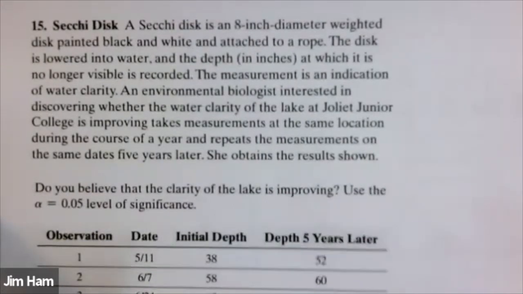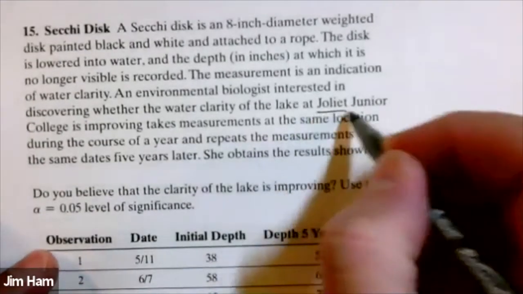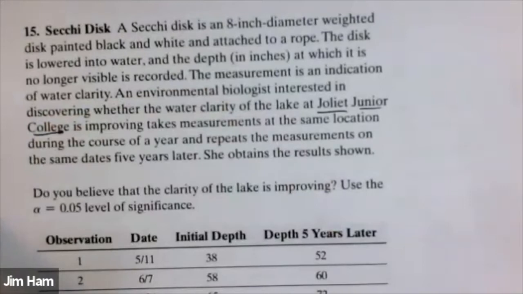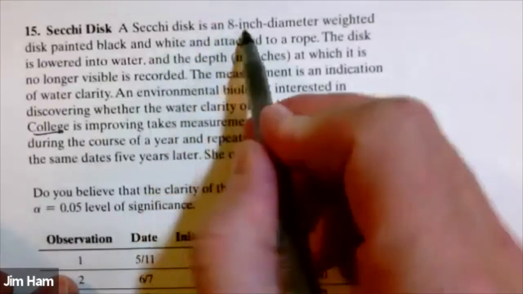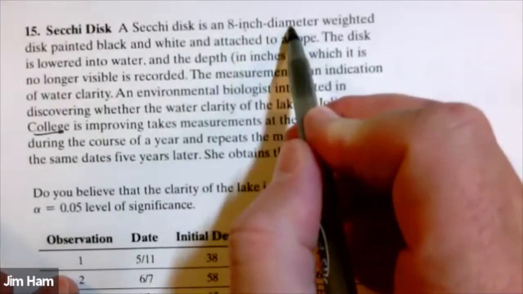So there was this lake at a community college near Detroit, near Chicago, Joliet Junior College Lake. And apparently they were treating the water because they wanted to clear it up a little bit. And so the way that they determined if their treatment improved the situation, or maybe it was just the environment that improved the situation, they took this disc. It's an 8-inch in diameter weighted disc, painted black and white so you could see the contrast.